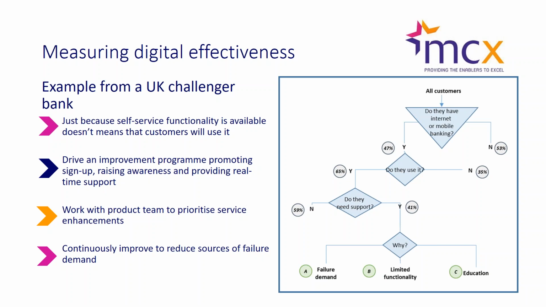And we did some analysis to say, what's the reason why support is needed? Is it to do with failure demand? So is it something that the bank should have done that is prompting the response? Actually, in this case, it wasn't that. Was it, at the other end of the spectrum, customers not understanding how to use the app?